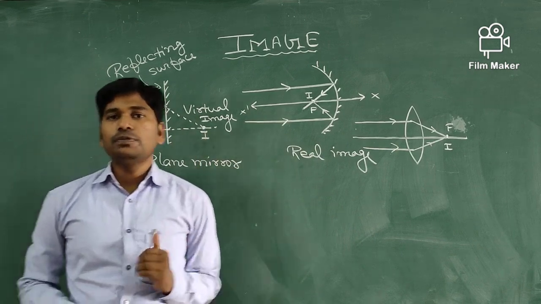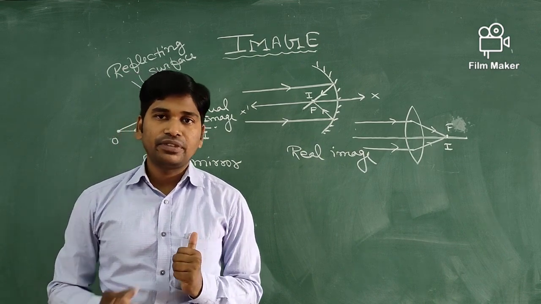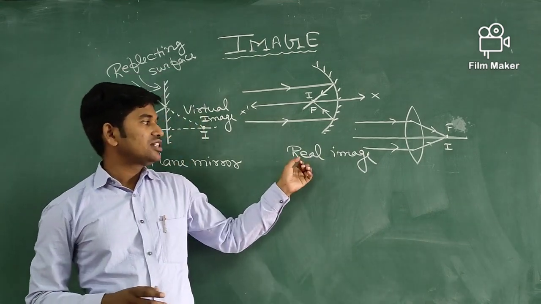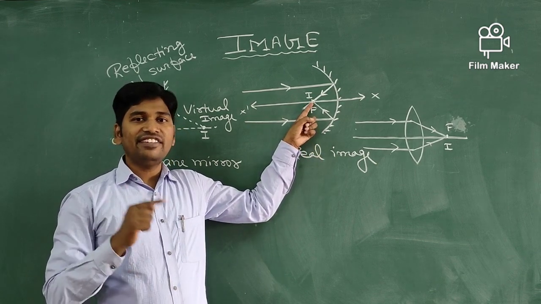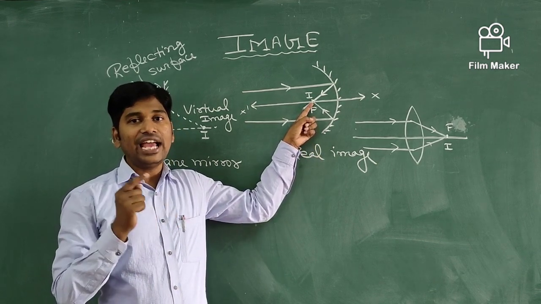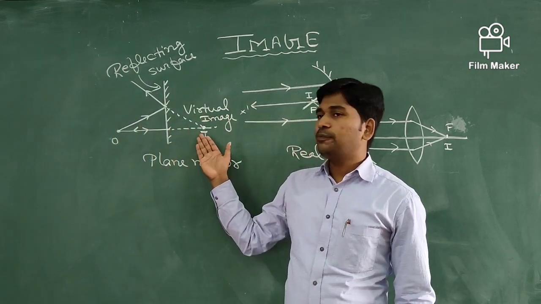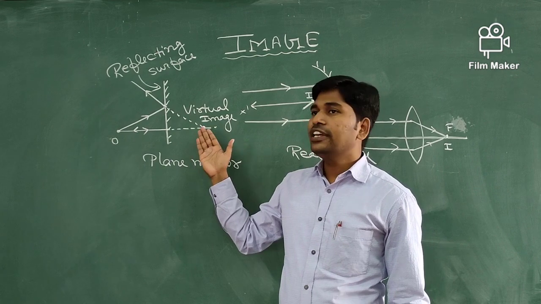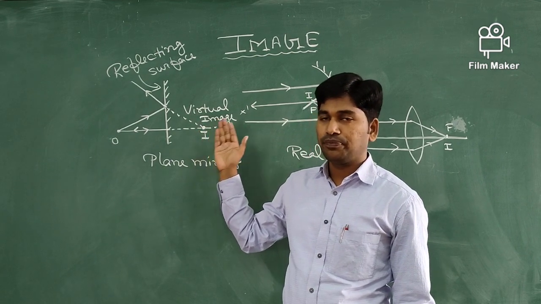Now let us distinguish the difference between real and virtual image. First, real image is formed at a point where the reflected or refracted rays actually intersect. Virtual image is formed at a point from where the reflected or refracted rays appear to diverge.